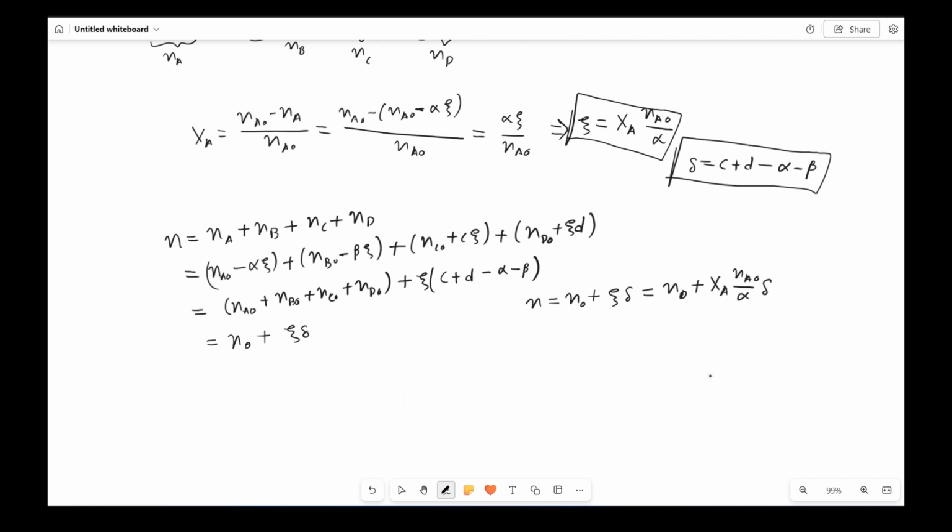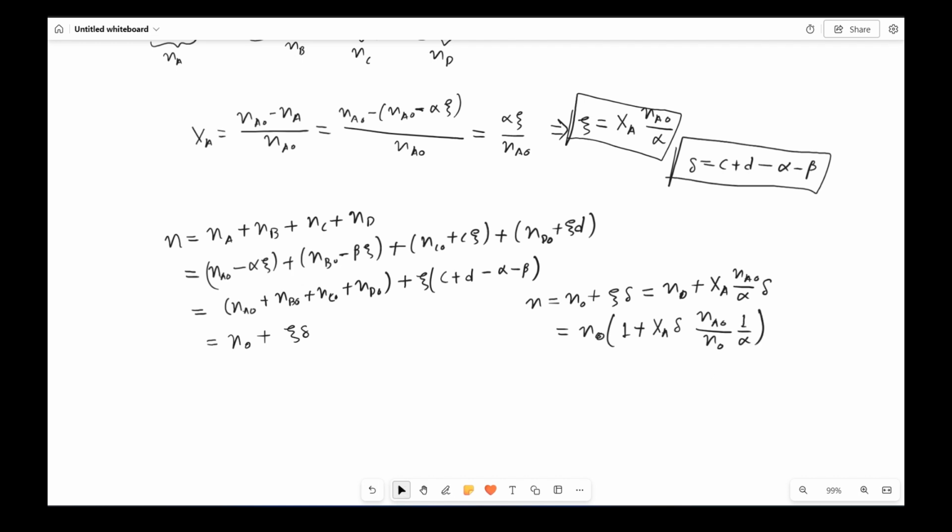So this is the quantity, and this can again be written as n naught, by taking common, 1 plus xa delta na naught divided by n naught to 1 by alpha.